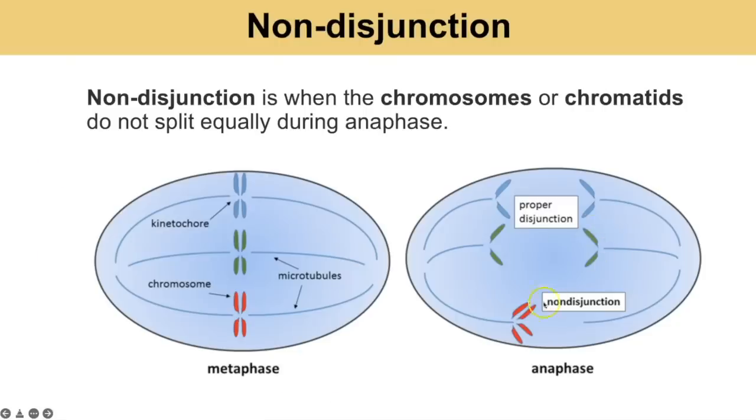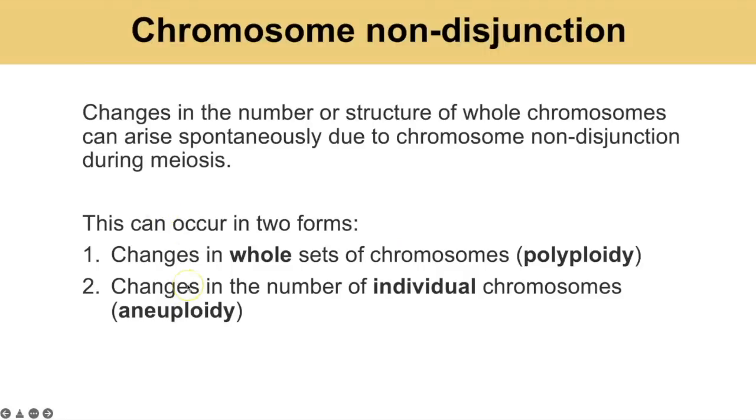So that's what we can see here, non-disjunction occurring because the chromatids didn't separate and instead all of them are being pulled to the same pole of the cell. Now this can occur in two forms. Either a change in the whole set of chromosomes, which we call polyploidy, or changes in the number of individual chromosomes, which is aneuploidy.